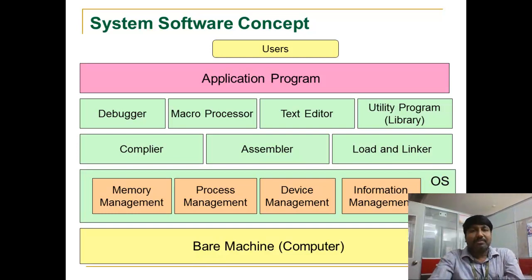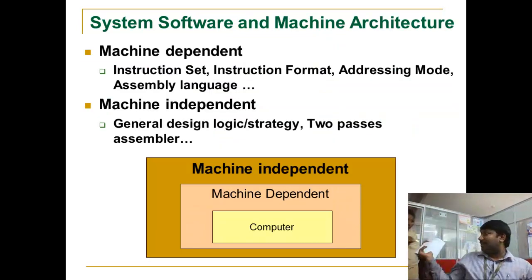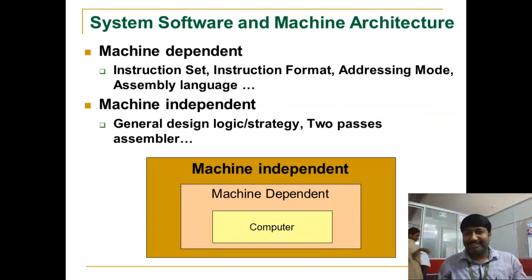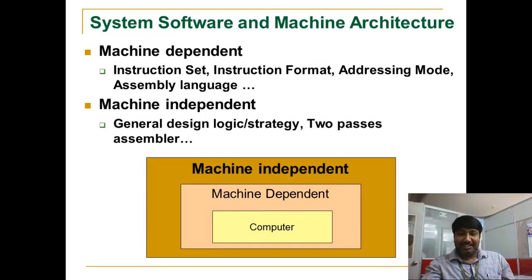Here chapter number 1 means, as per the textbook, we have all the things: the system software and the machine architectures. So before going to the machine architecture, machine dependent, machine independent. What is machine dependent?